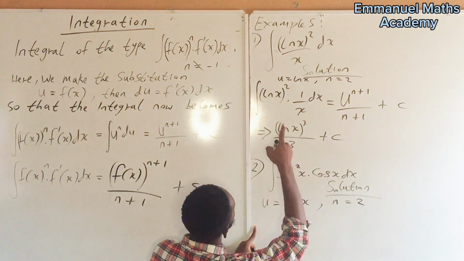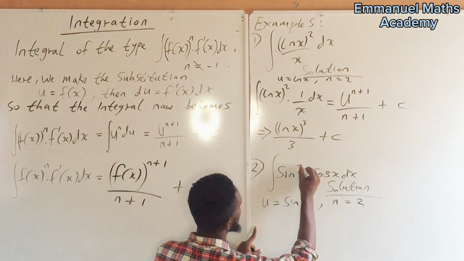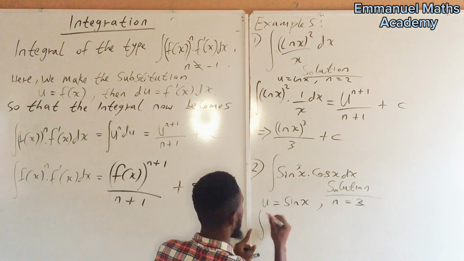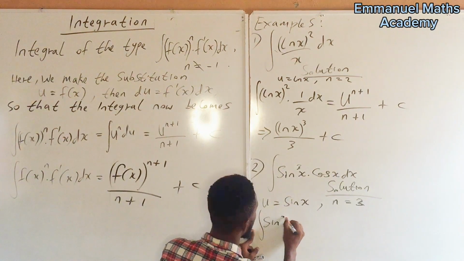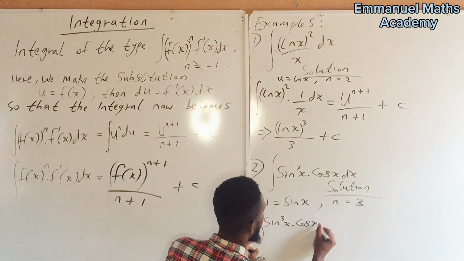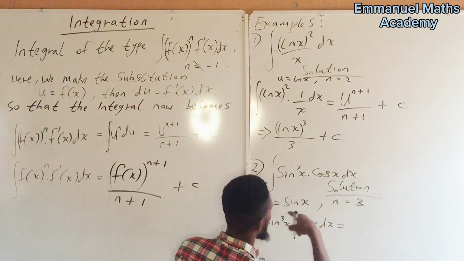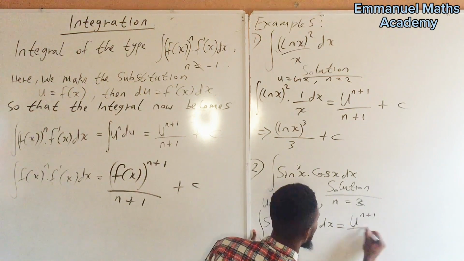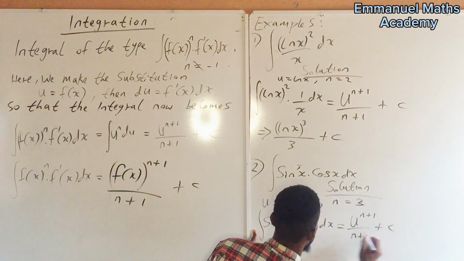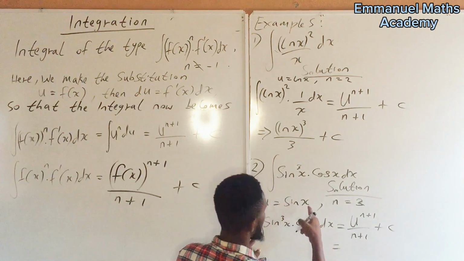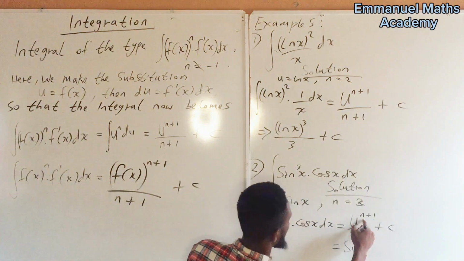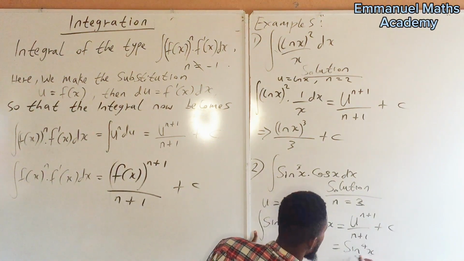Oh, let's make use of 3 also: let's say this is sin^3 x cos x dx and our n is 3. Then the integral is u^(n+1) over n+1 plus c. Our u here is sin x, and n plus 1 gives you 4, so we have sin^4 x over 4 plus c.